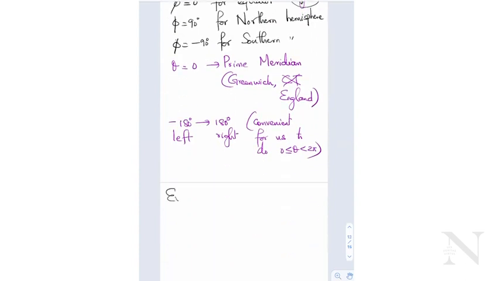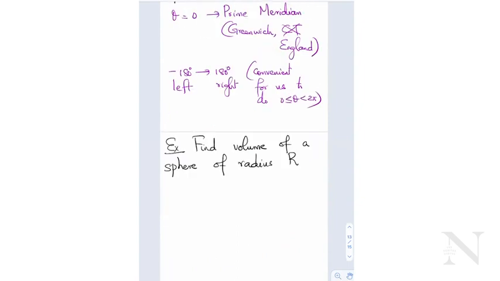So before we do those problems in the worksheet, find the volume of a sphere of radius capital R. I should be very precise about what kind of sphere it is. It's centered at the origin.